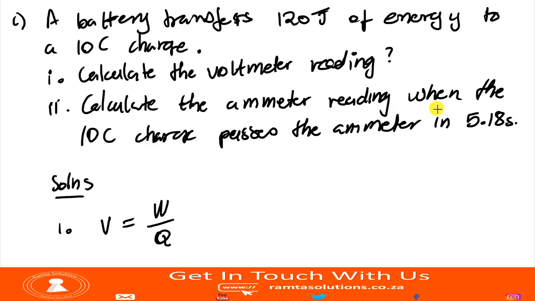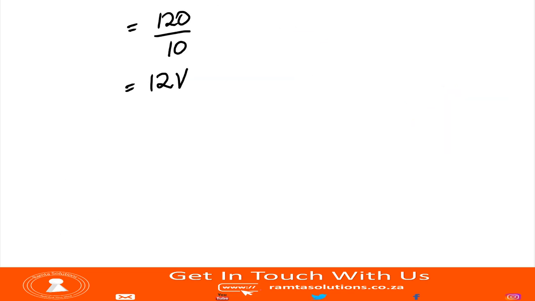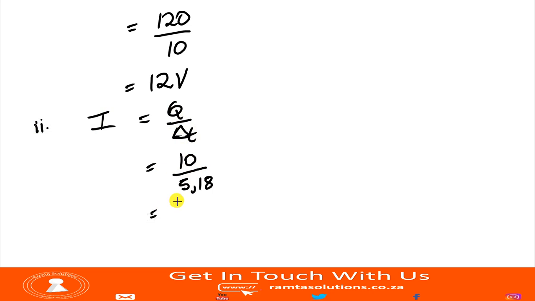Now, calculate the ammeter reading when the 10 coulomb charge passes the ammeter in 5.18 seconds. Roman figure 2: current is equal to charge over delta T. What is the charge? It's 10 coulombs. Now, what is the time? It's 5.18. Let's see what our answer is.